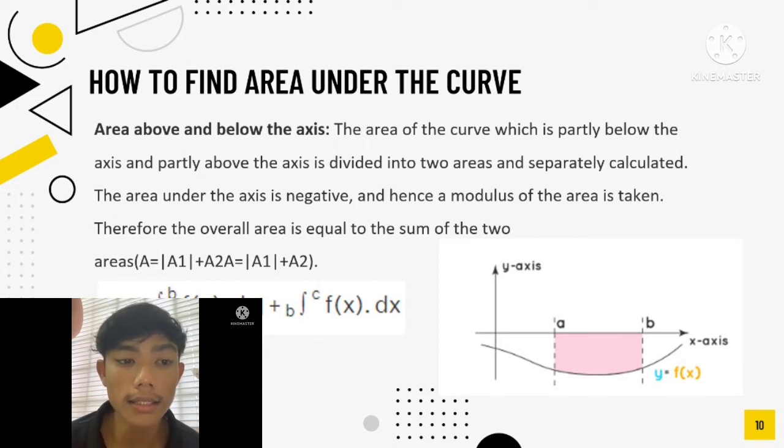The area under the axis is negative, and hence the modulus of the area is taken. Therefore, the overall area is equal to the sum of the two areas, A equals A1 plus A2. This is the formula, you can see.